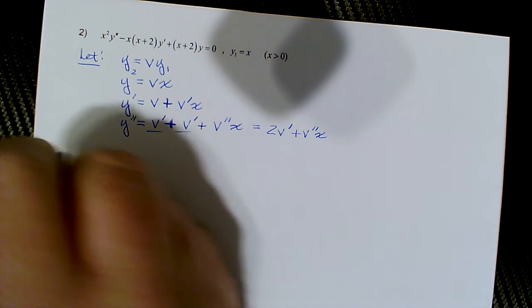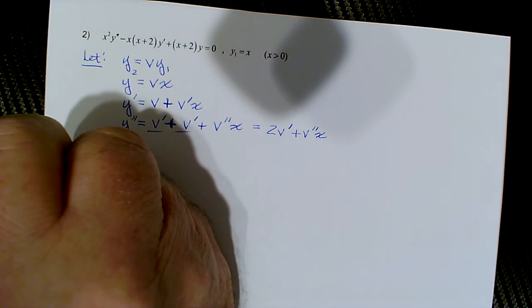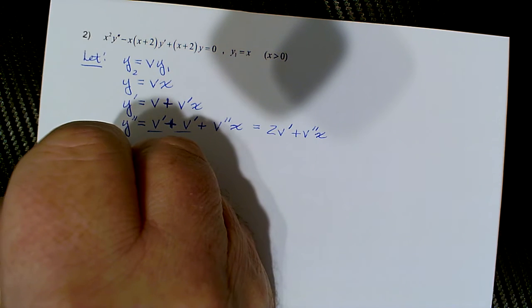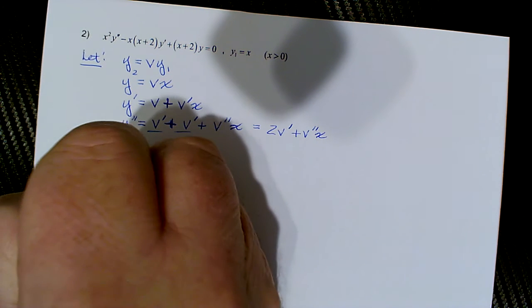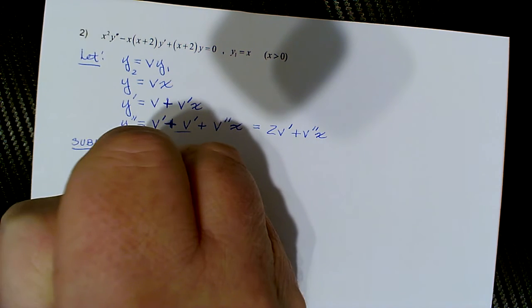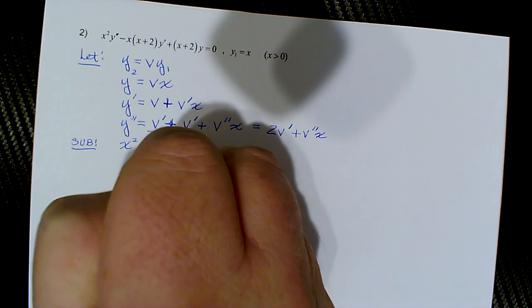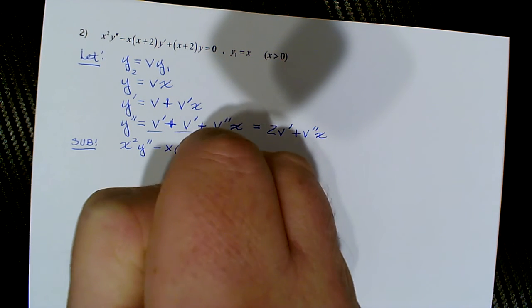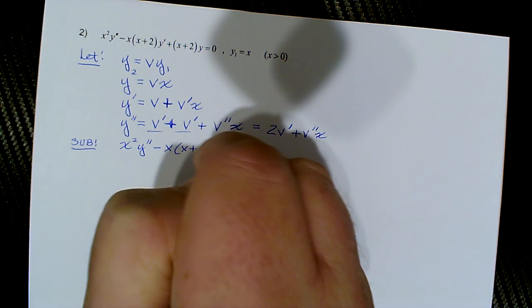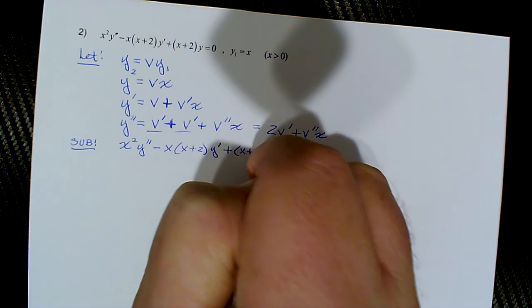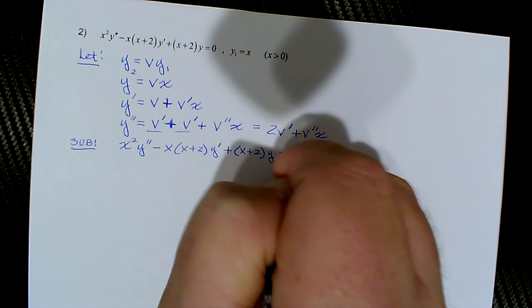Alright, so then we're going to substitute. The given differential equation was a little bit complicated looking: x squared y double prime minus x times x plus 2 y prime plus the quantity x plus 2 y equals 0.